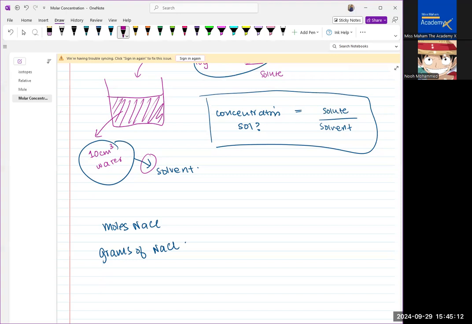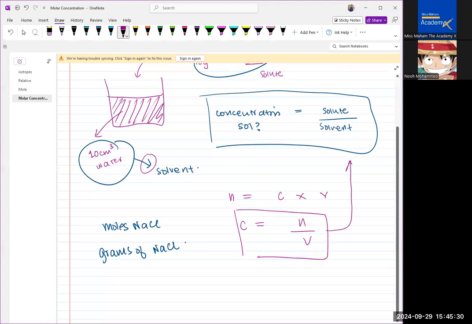First let me introduce you to this formula, which is number of moles equals concentration into volume, which is also concentration equals number of moles over the volume.